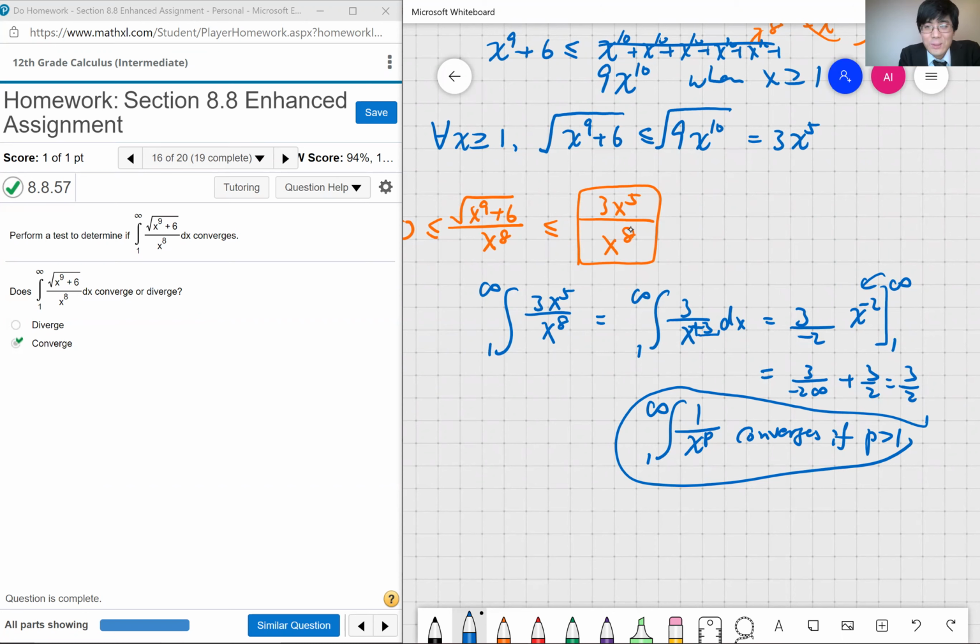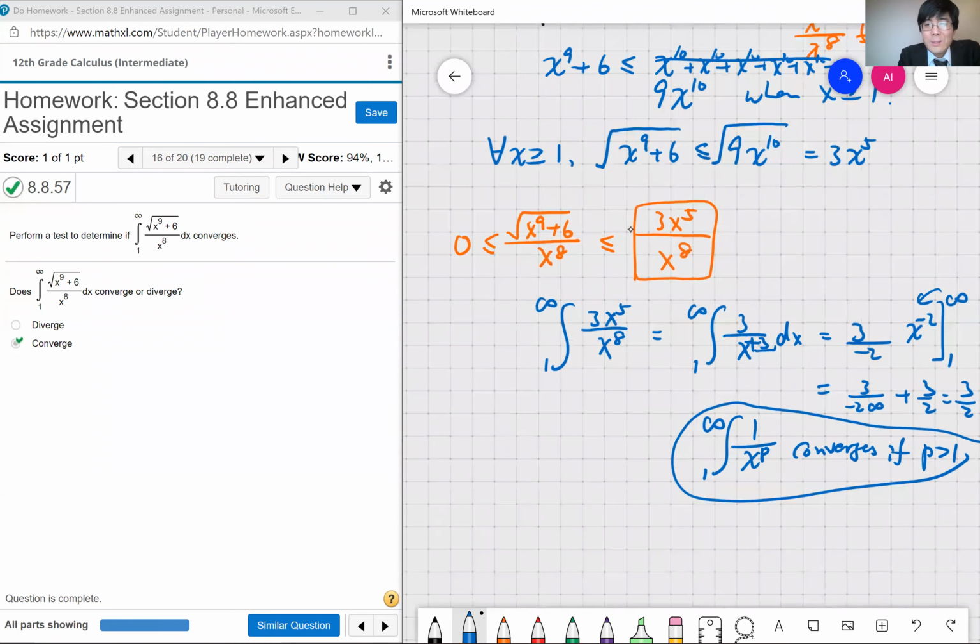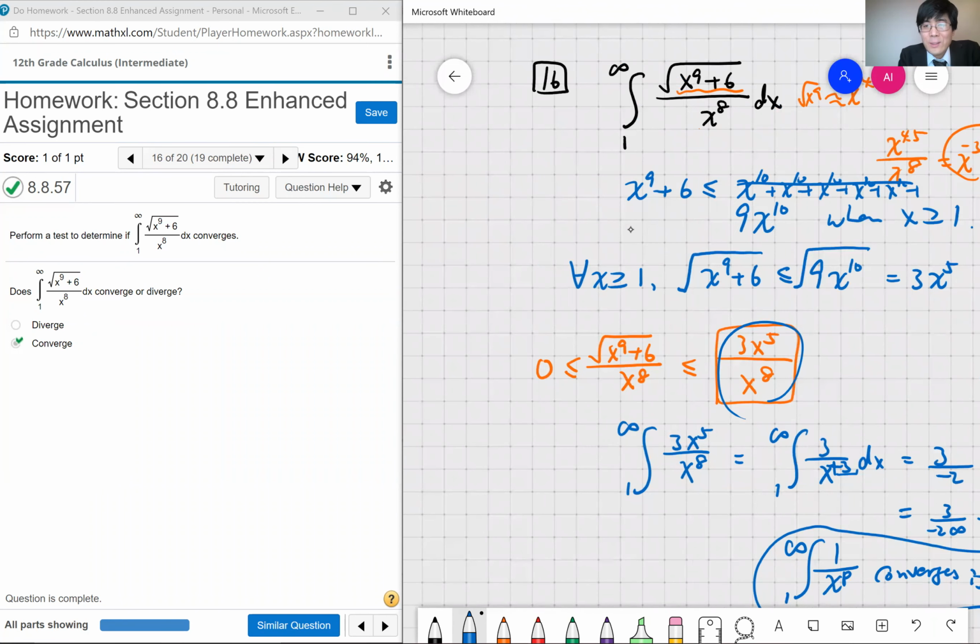So it's going to converge. So since this has a finite value when you integrate from 1 to infinity, then this one must also have a finite value when you integrate this complicated integral from 1 to infinity. So by direct comparison test, this integral converges. Okay.